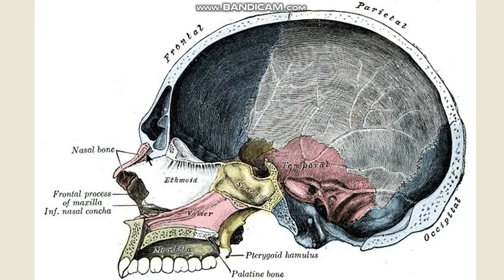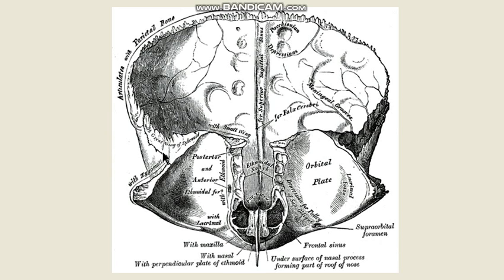So nasal spine with the nasal crest, perpendicular plate of the ethmoid forming part of the nasal septum, and on either side of the nasal septum it is forming a part of the roof of the nose. So that is for the nasal spine. Now this nasal spine then supports the nasal bridge. The sides of the spine form the roof of the nasal cavity, and it also forms the nasal septum.